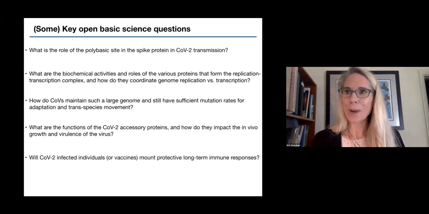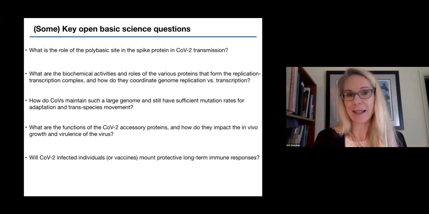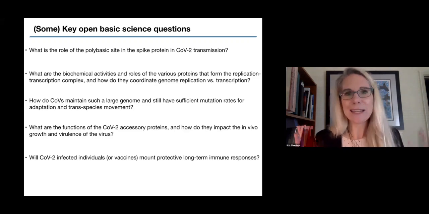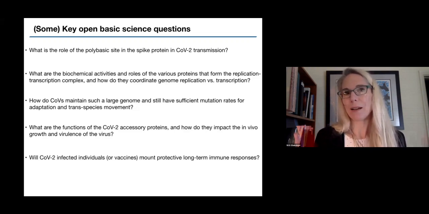Had those programs not undergone that go, no-go decision at that point in time, we would probably be much farther than we are now in having lead candidates in hand. I mean, that is what it is. Those are decisions that get made all of the time. But because that epidemic ended quickly, we don't have as many resources at hand for vaccines and antivirals as we would have otherwise.